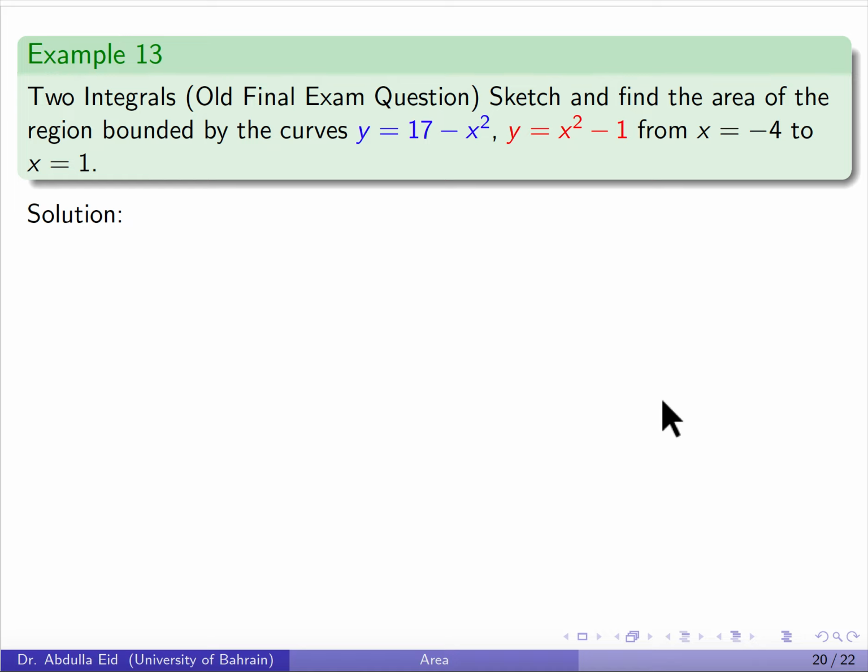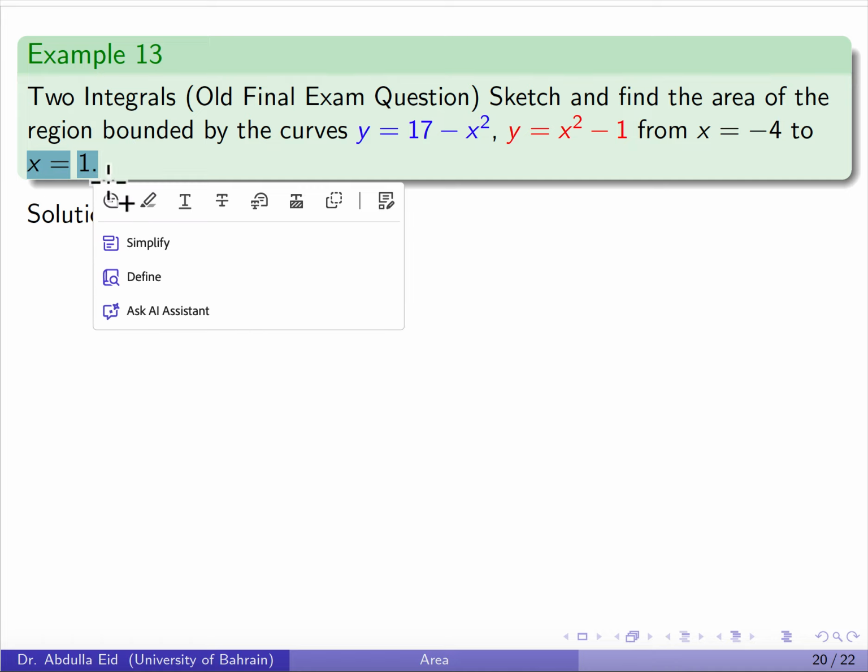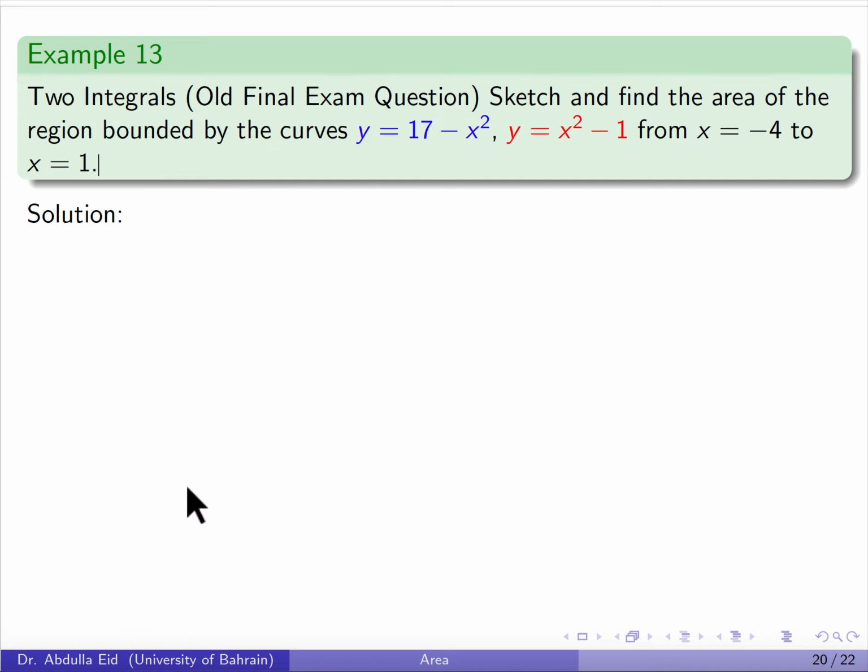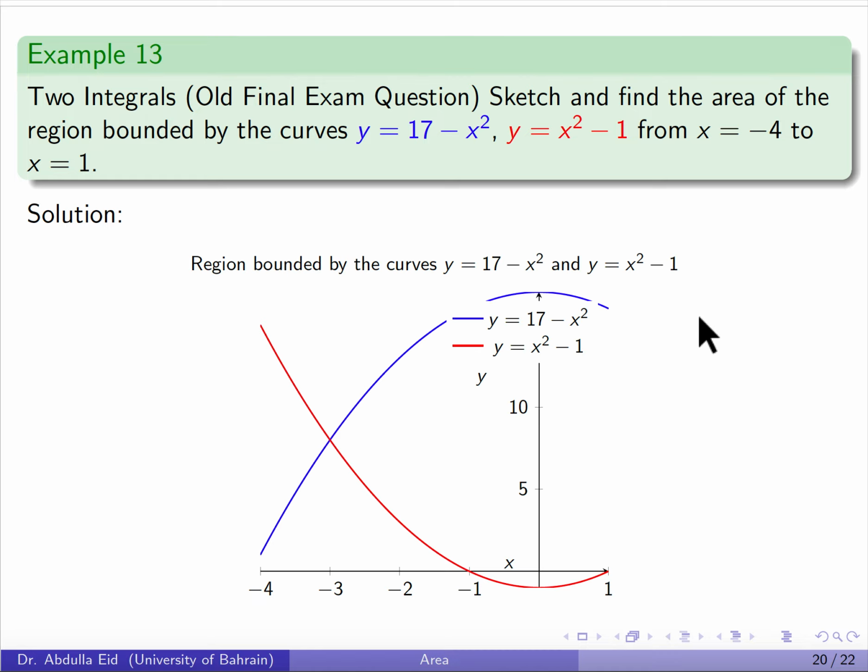The final question is, again, we have 2 parabolas, but this time I have to start from x equal negative 4 to x equal to 1. So the best way to do this question is to sketch and see exactly what happens. Now, if we sketch them, we get this one. From negative 4 to 1, that's my left to right.